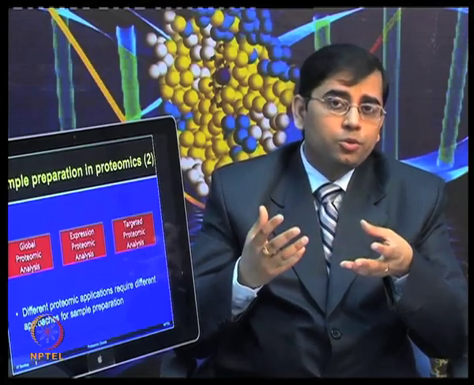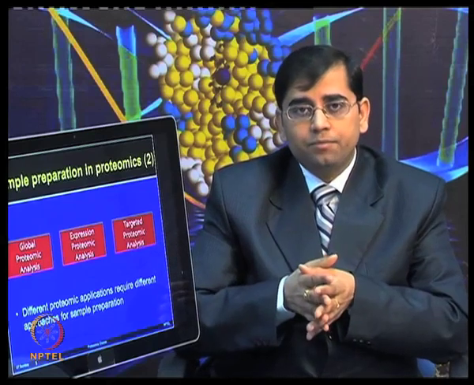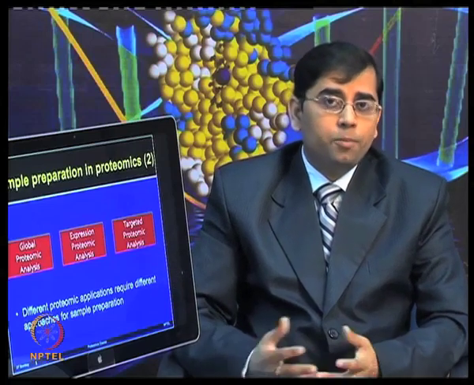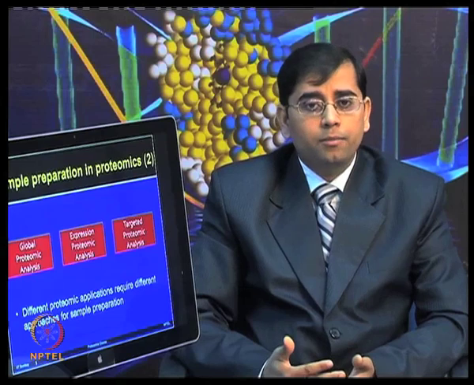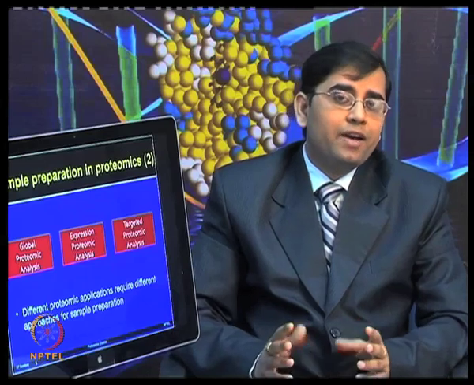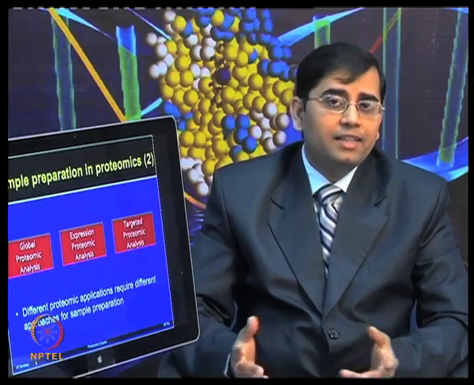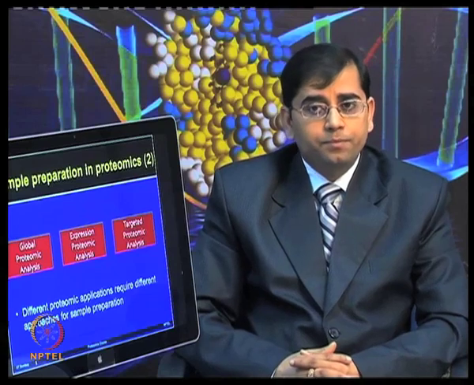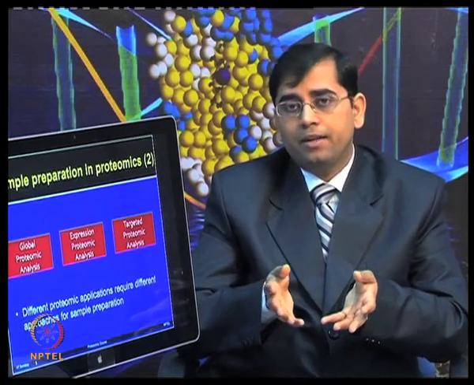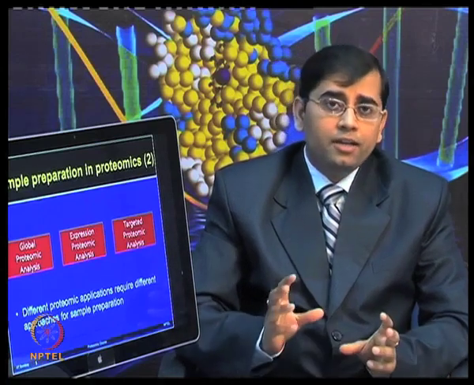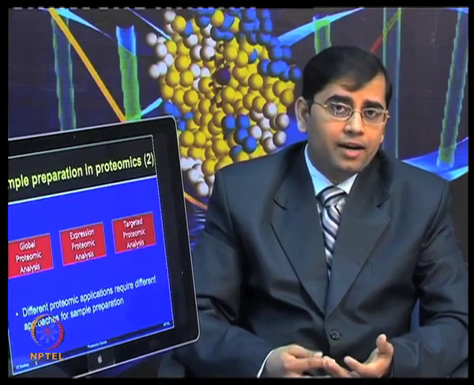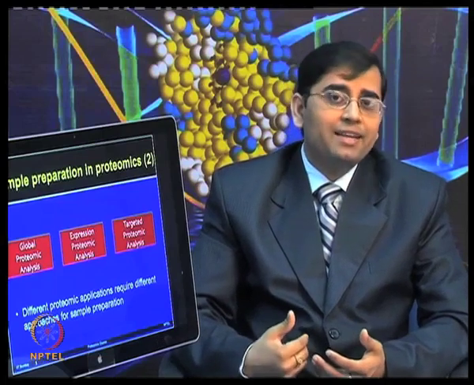So, one needs to try different types of strategies when thinking about performing a sample preparation. What is your objective? Whether you want to do global profiling or expression profiling, in either case you need to extract all the proteins present in that particular target sample. Now, when you are looking at targeted proteome analysis, you just want to pre-fractionate your sample in such a way that only that particular component is isolated, and then all the proteins from that organelle or cell are extracted.